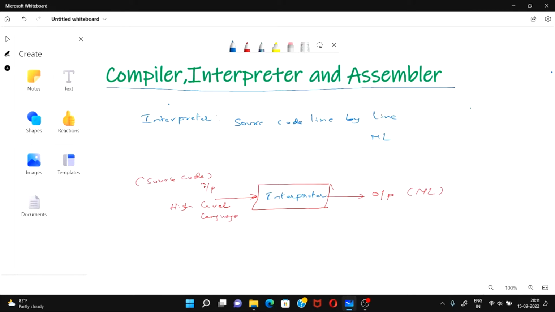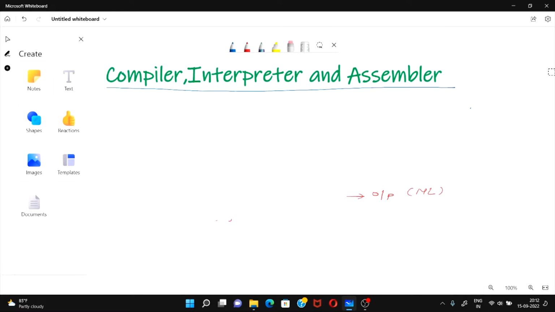Whereas the assemblers, so assemblers are also a type of translator, programs which convert one language to another language. So apart from high level and low level languages, we have another type of language called assembly language, which is in the form of mnemonics. Like we have instructions which can be executed by a microprocessor.